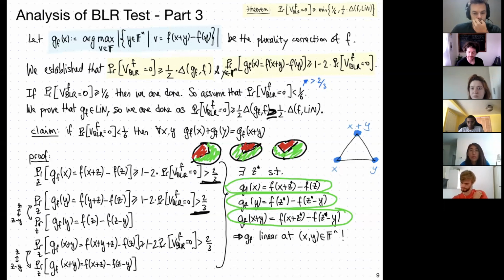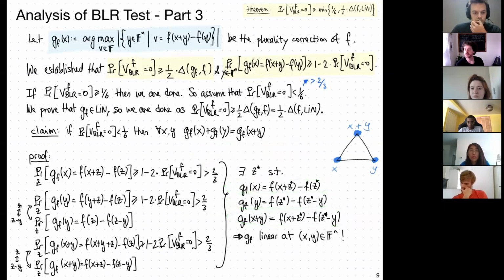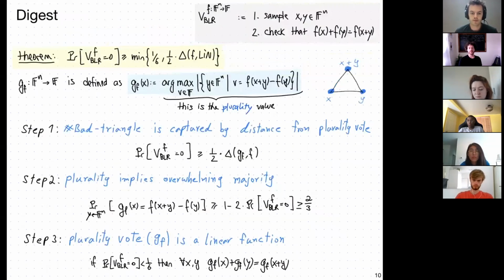Thanks. I have a more general question. At the beginning, you said that the class of linear functions was essentially a Hadamard code. How would this theorem translate in coding theory? That's a classic question. What we showed in this theorem is that the Hadamard code is locally testable.